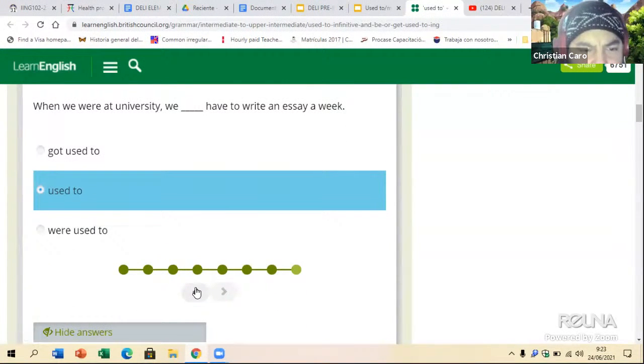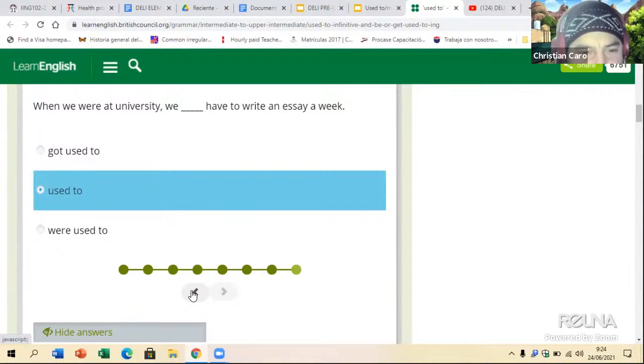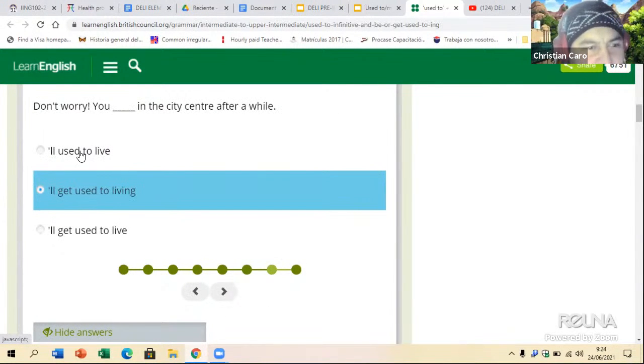What is the other mistake? Debí seguir el camino de mi cocoro. Exactly. You know, absolutely. The cocoro never lies. Don't worry. You will get used to living in the city center. In this case es como, don't worry, te vas a acostumbrar. Te vas a acostumbrar a vivir en el centro. Ahora, antes, ¿se acuerdan que repasamos la estructura, la forma?